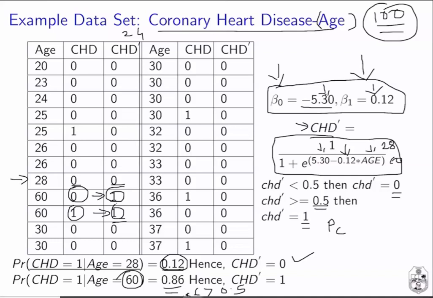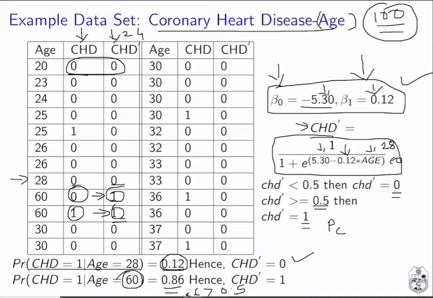And if you see in this particular table, here CHD stands for the actual value that is present in the data set, and CHD dash stands for the value predicted by our model with the parameters beta 0 equal to minus 5.30 and beta 1 equal to 0.12. If you read this table, there are some entries in which both values are 0 and 0, which means it is the correct prediction.